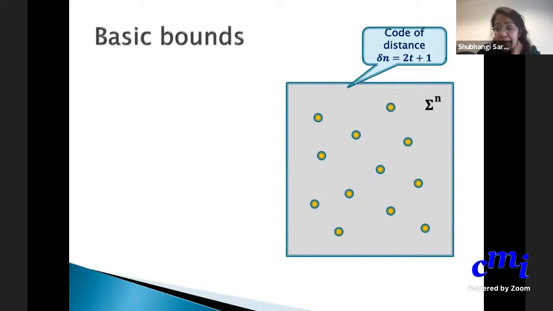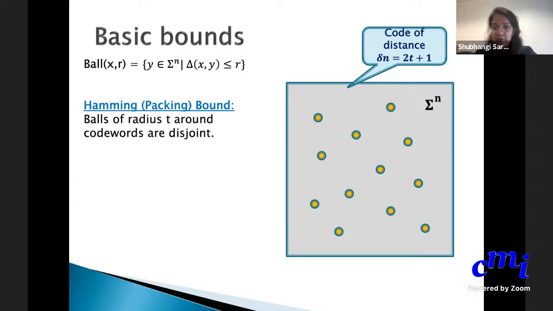Let me tell you some basic bounds that we know about error correcting codes. Okay, so the first understanding of what these rate distance trade-offs could look like. If you have a code of distance 2t plus 1, so we know it can correct up to t errors. The ball about the point x of radius r is all those strings of distance at most r from x.